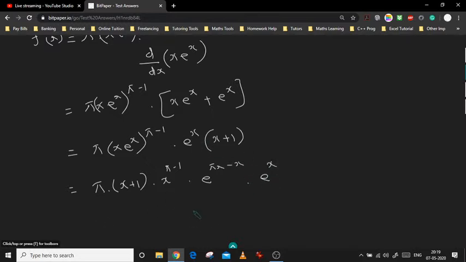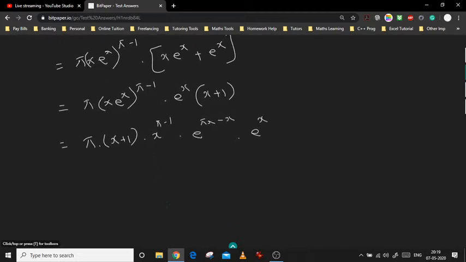Now we just have to combine these two terms. This will remain as it is. We can put this as pi x power pi minus 1 times x plus 1, and we just have to add the powers here. So pi x minus x plus x: the minus x and plus x will get cancelled.